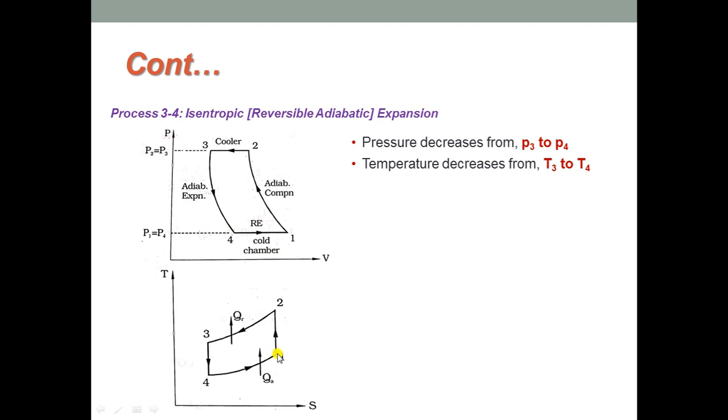You can see this is the temperature of the initial condition after the cold chamber. So it is sufficiently below the cold chamber temperature, and volume increases from V3 to V4 as a result of expansion.